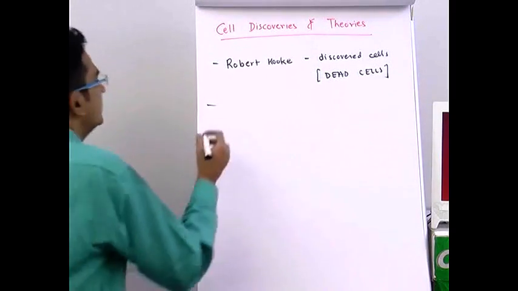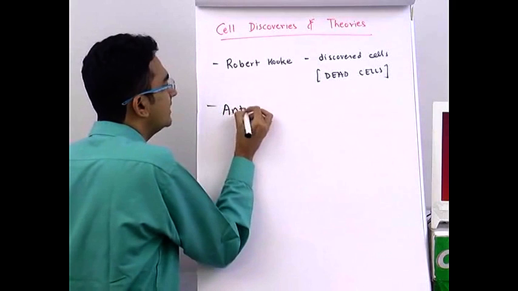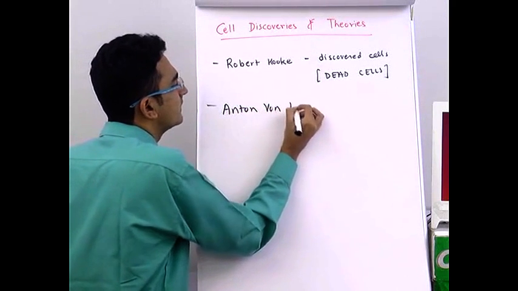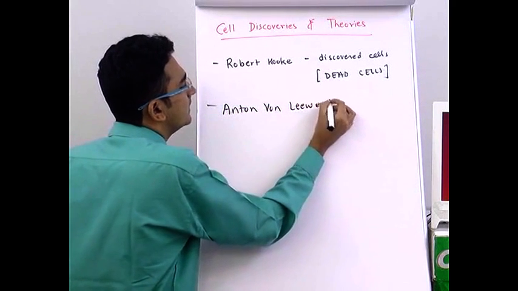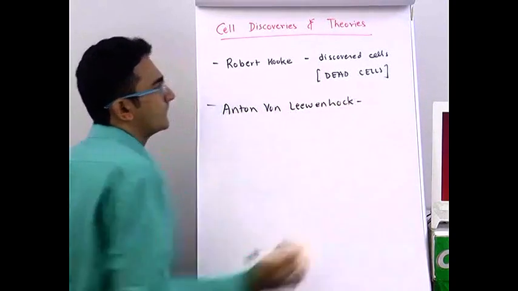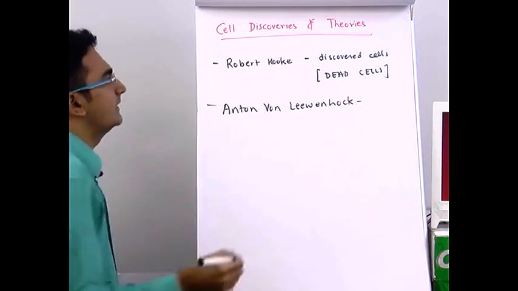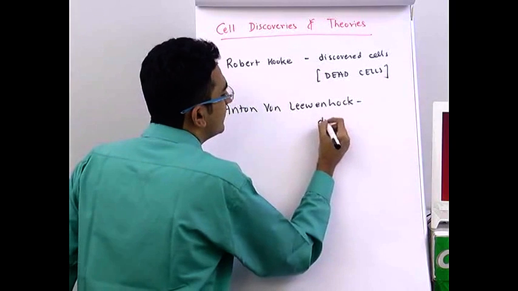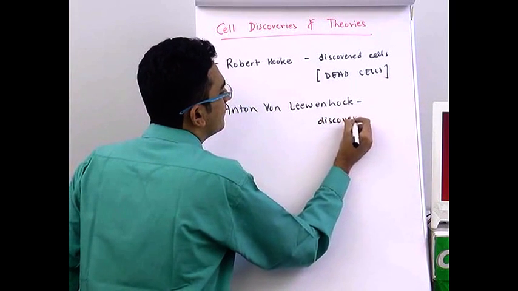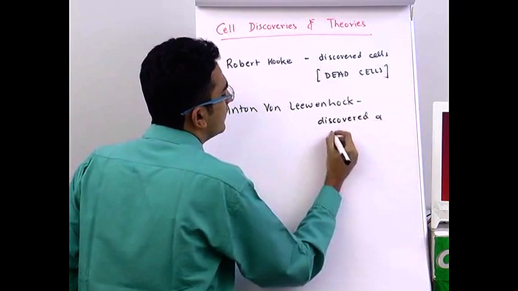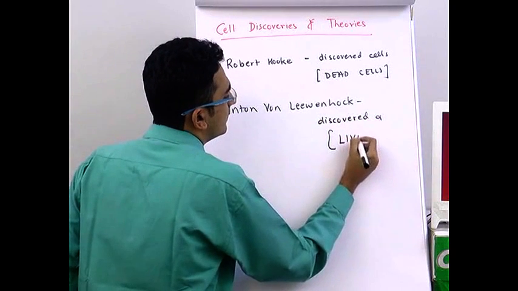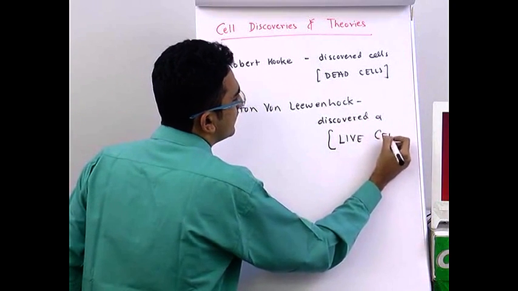Then there was another scientist whose name we hear very often. This great gentleman is Anton von Leeuwenhoek. He was the first one who discovered a live cell.